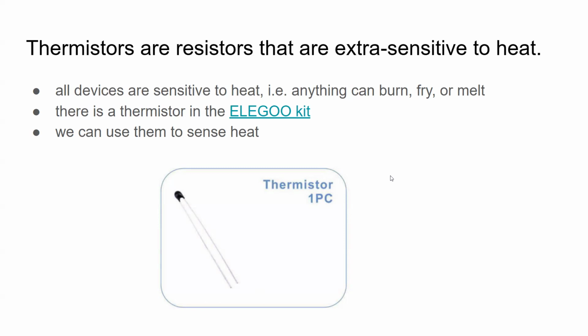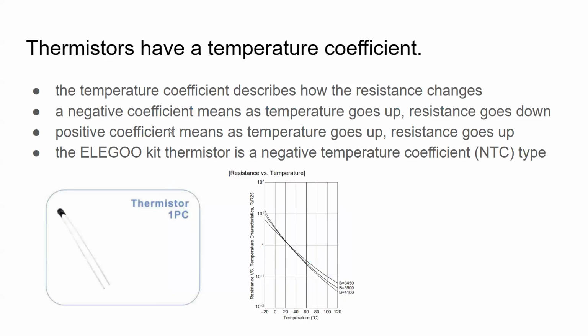They're extra sensitive to heat, and they have thermal characteristics in a data sheet. This specific one has a negative temperature coefficient, because as the temperature goes up, the resistance goes down, like a negative slope. The thermistor in our kit has a negative temperature coefficient. It's just something to keep in mind. There are positive temperature coefficient ones.